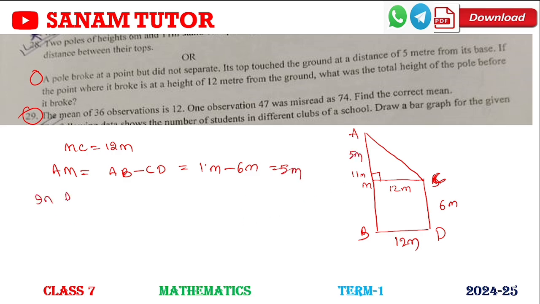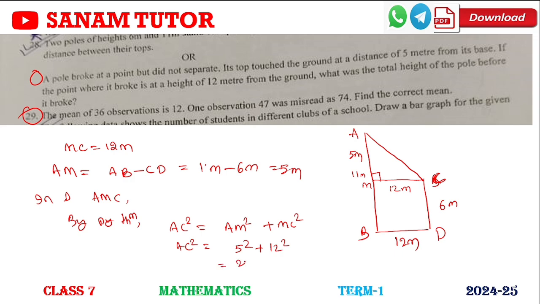So in triangle AMC we can write, by Pythagoras theorem, AC square equal to AM square plus MC square. AC square equal to AM, that is 5 square, plus 12 square, 25 plus 144, that is 169.